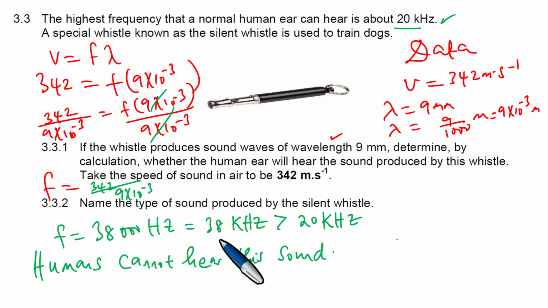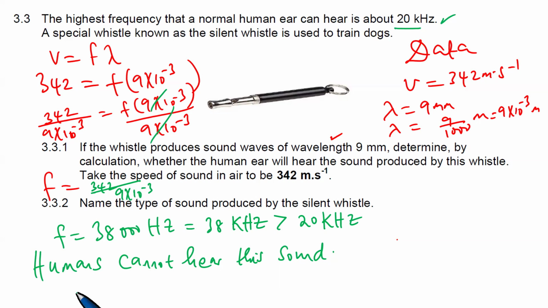This one is 38 kilohertz, because 1,000 is kilo. So 38,000 hertz is like 38 kilohertz. 38 is bigger than 20, so humans will not be able to hear this kind of sound.